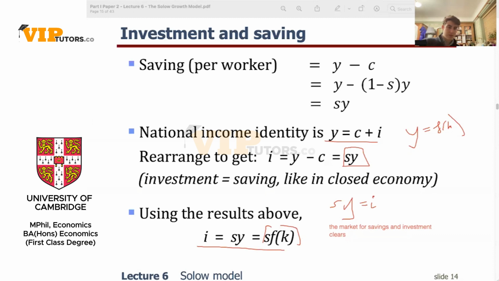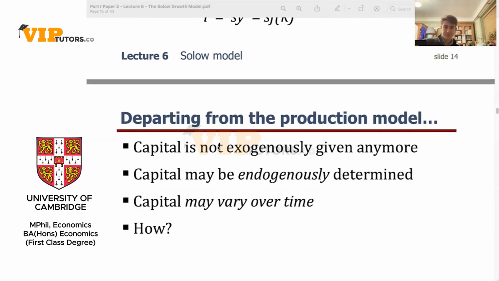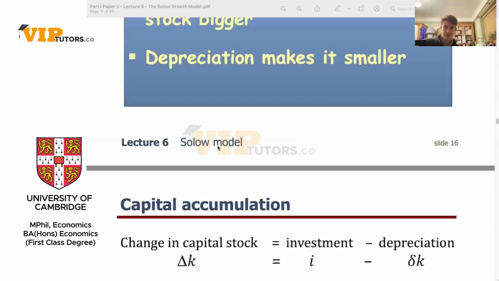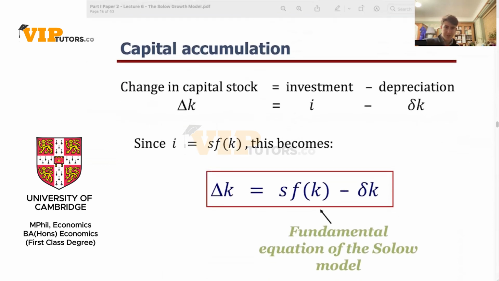Fantastic. Sorry, just looking for the clear button. So the point is, we're going to just skip across these. We can now define, and this is the fundamental equation of the Solow model, capital accumulation, okay?